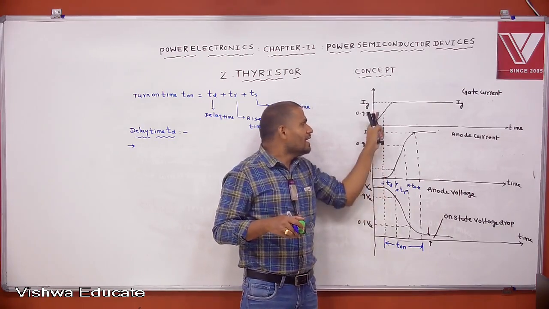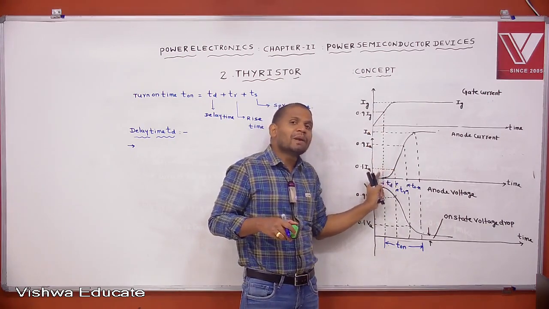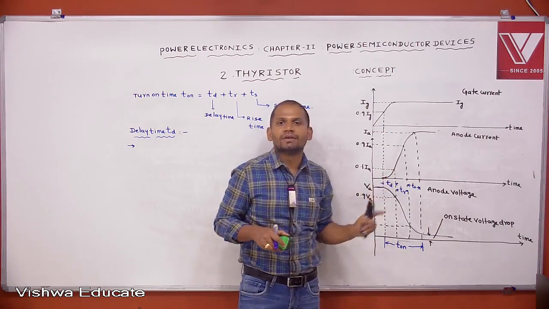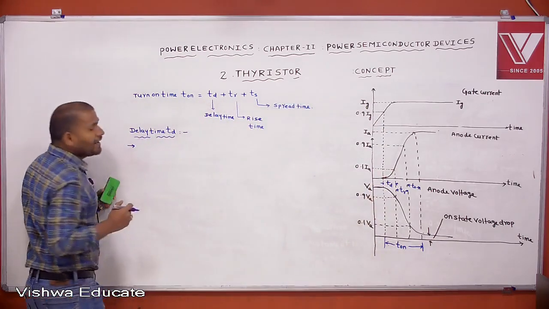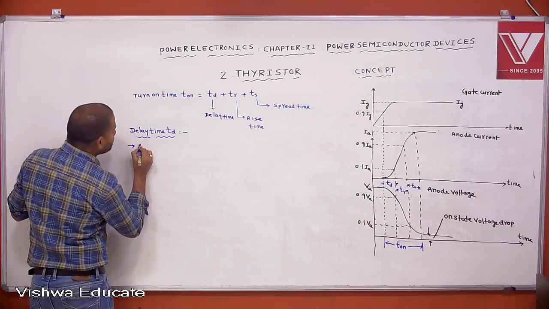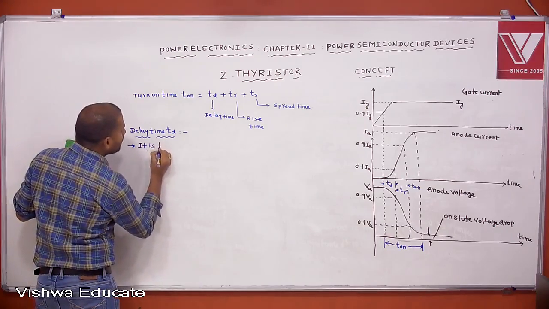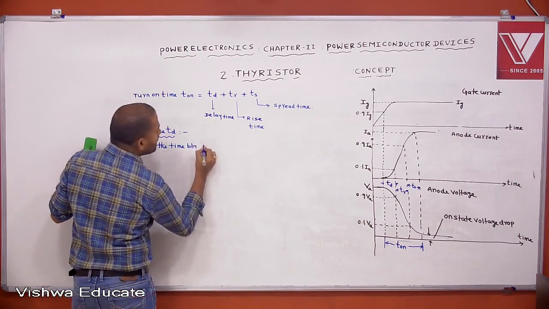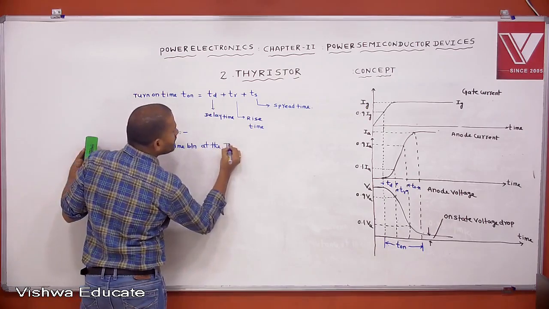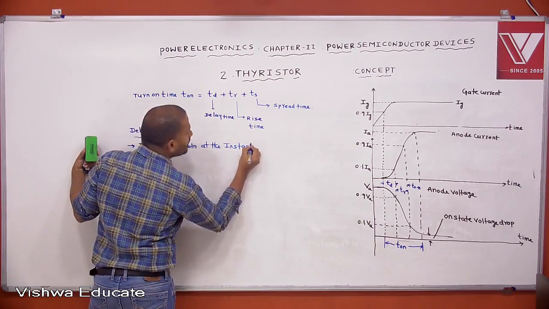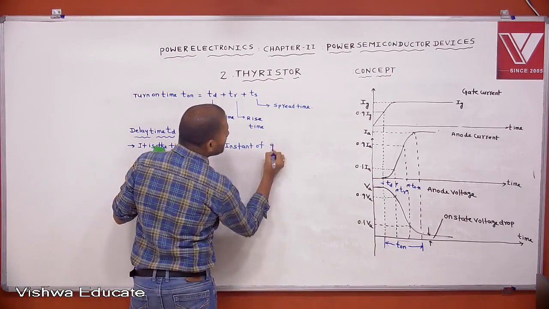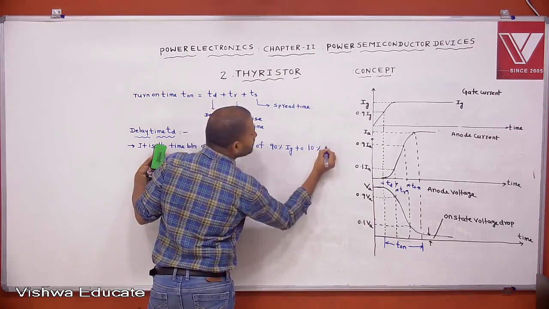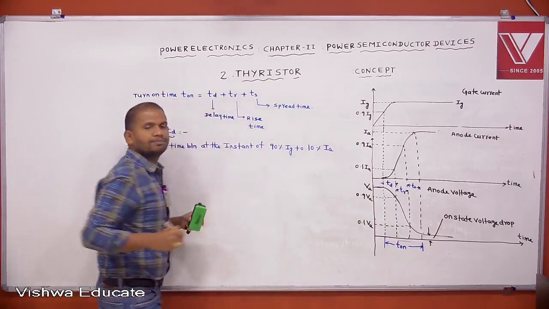That's the reason why, in the definition of delay time with respect to current, I take the reference as gate current, not anode current. So the delay time is the time between the instant of 90% Ig to 10% Ia, that is 0.1 Ia.